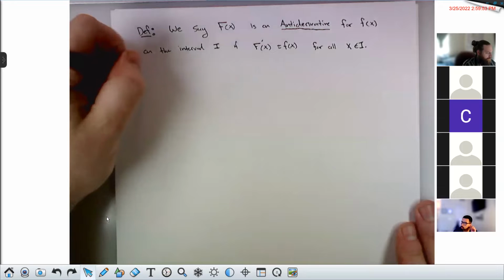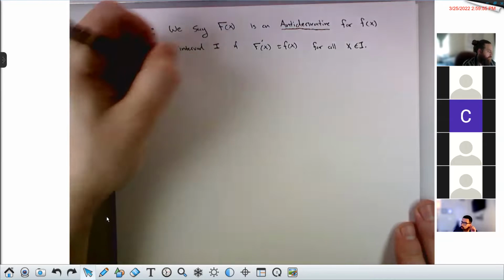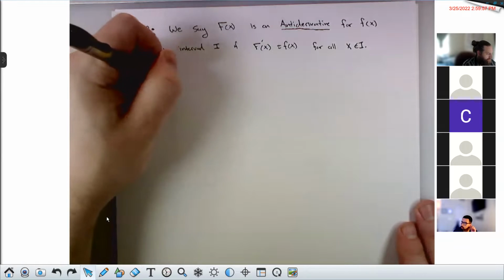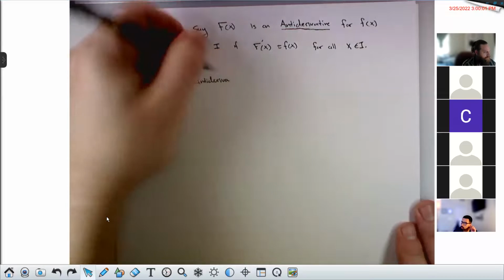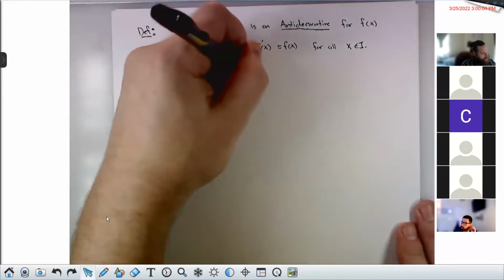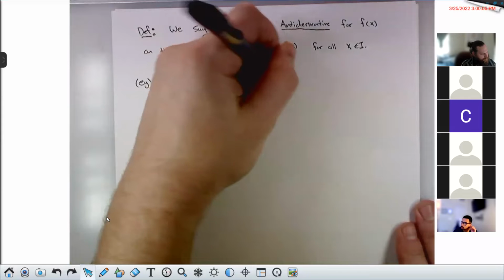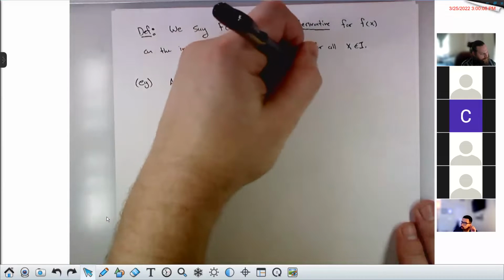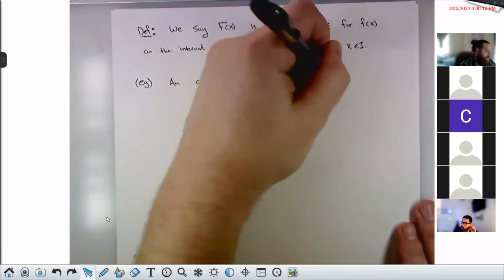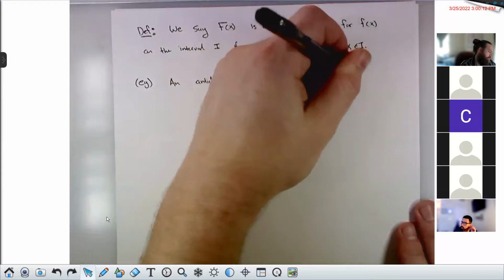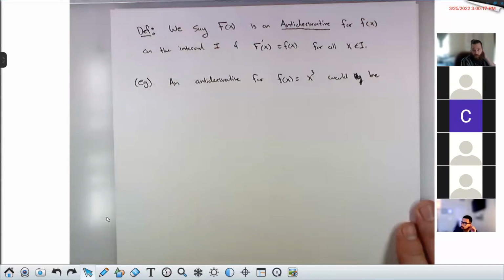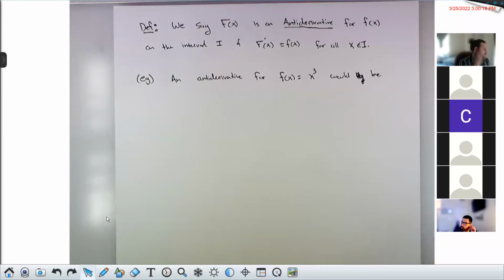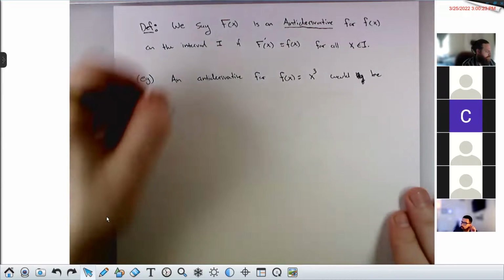So for example, an antiderivative for little f of x equals x cubed, there's more than one of them. I just have to think of some function that when I differentiate it, I get x cubed.